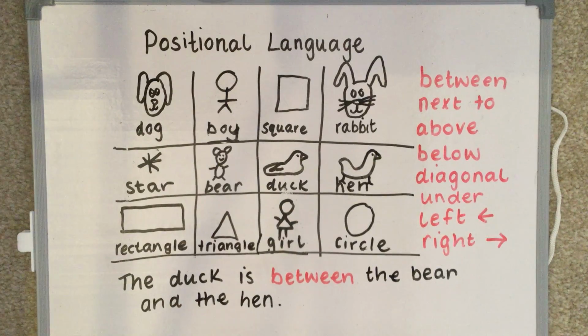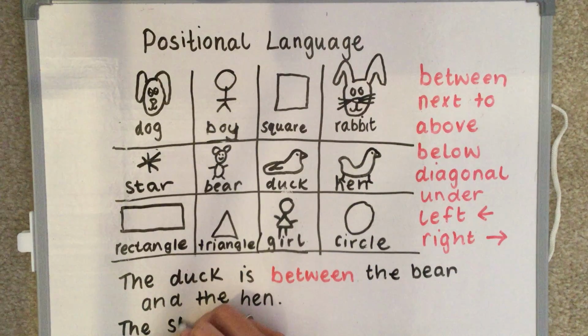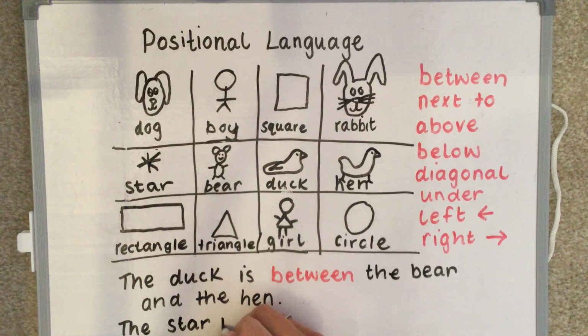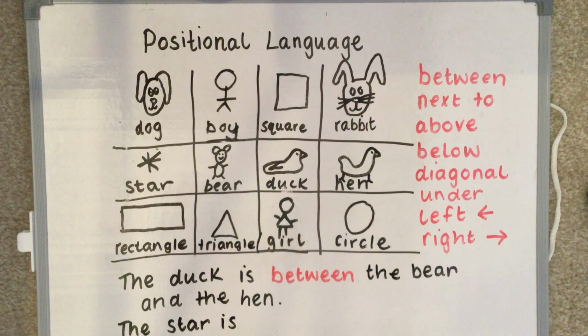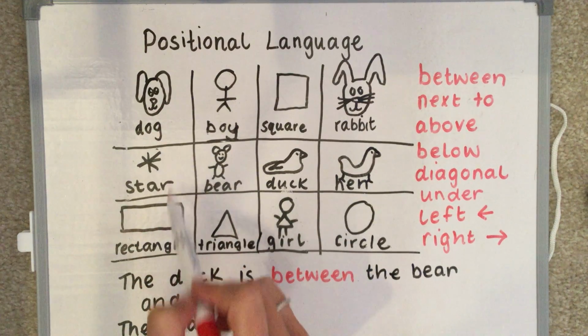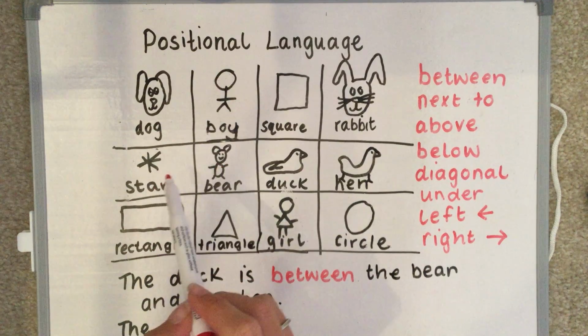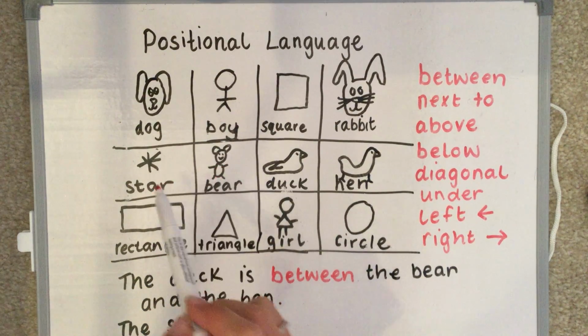Okay, I'll give you another example. We will use the star. So capital letter to start my sentence. The star is, now you could use lots of different ways to describe the position of this: below the dog, above the rectangle, next to the bear, or year 2s you could write to the left of the bear, on the left hand side.